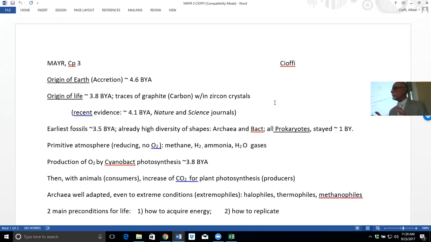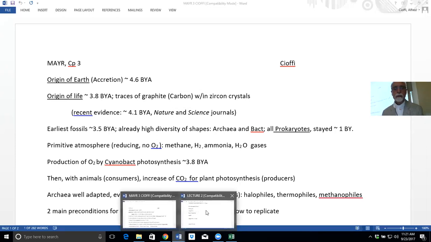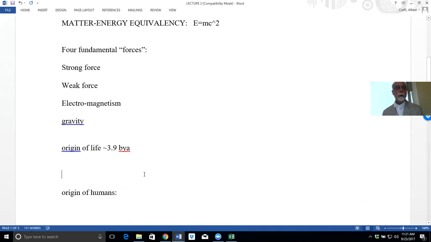You with me? Okay, evidence for the origin of life is this type of carbon called graphite, all right? Now, organic molecules have to have at least two types of elements.